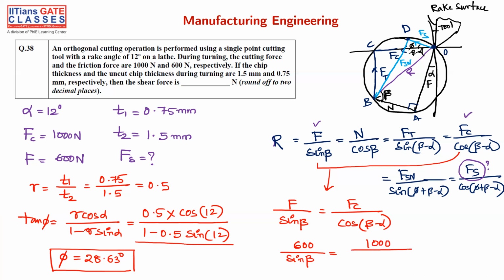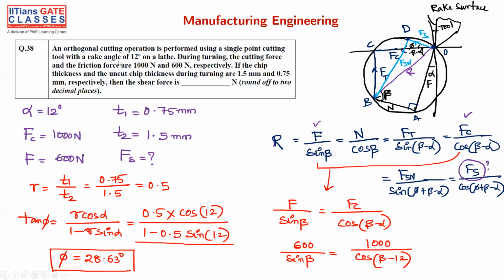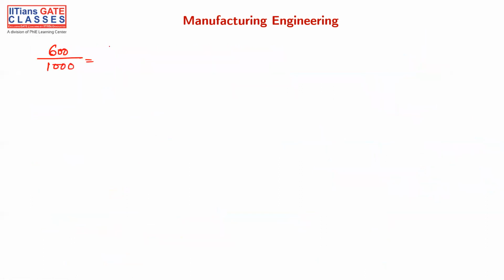That equals, divided by cos beta minus 12. Right? Now in this we have beta as unknown. So we'll expand that. Here we have 600 by 1000 is equal to sine beta by cos beta minus 12, right?